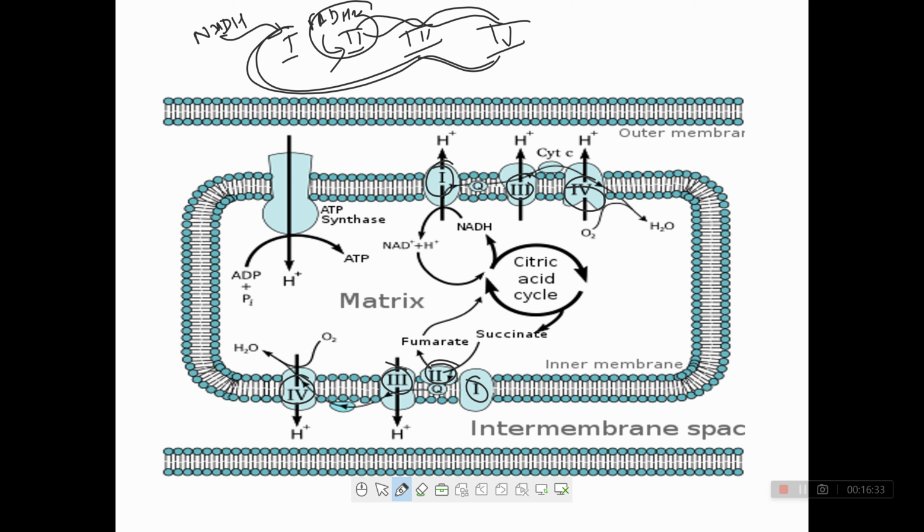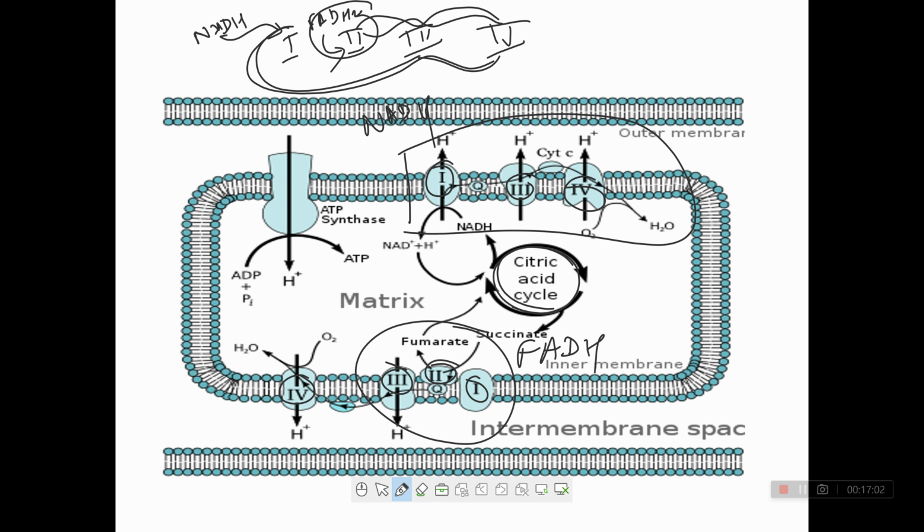So in this complex NADH is used, and in this complex FADH is used. Clear? So what happened here? This is where the citric acid cycle takes place.